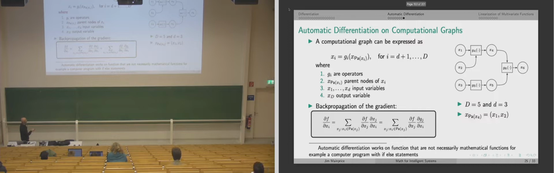So you first have the parents of x4, which are x1, x2, and the parents of x5, which is x3, and the parents of x6, which are x4 and x5. If you follow that scheme, you can compute the derivative of f with respect to any of these 1, 2, 3, or also including 4 and 5.